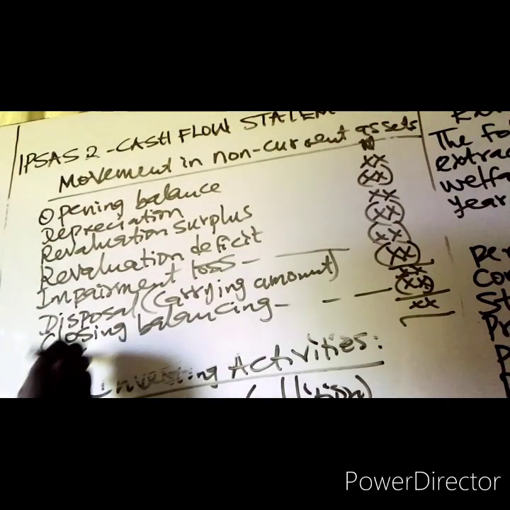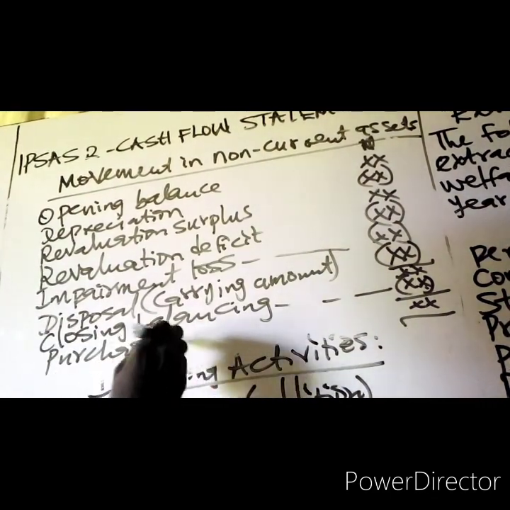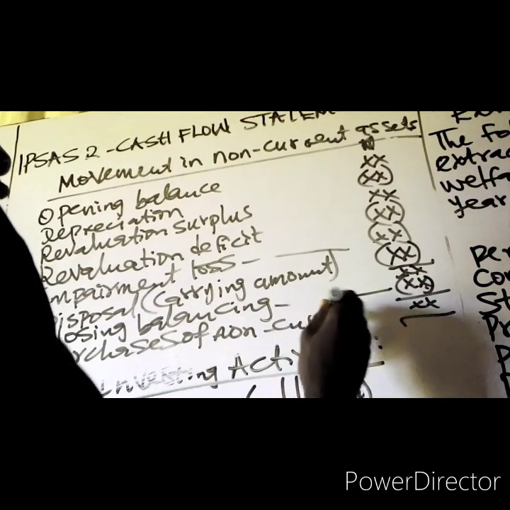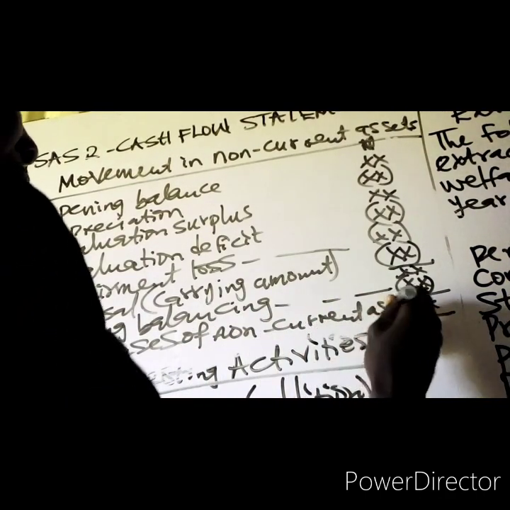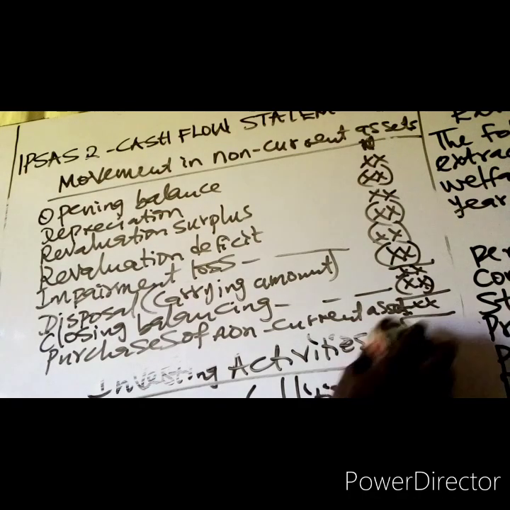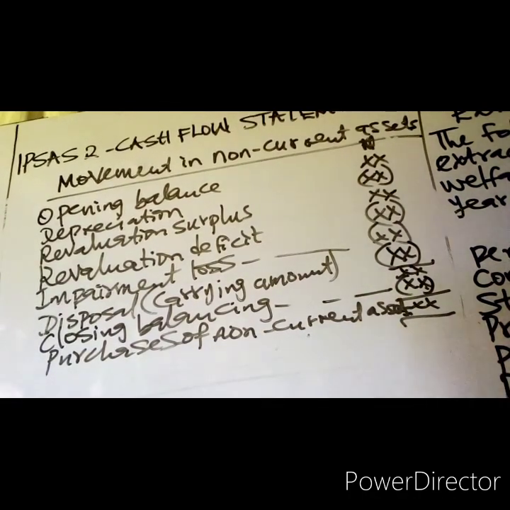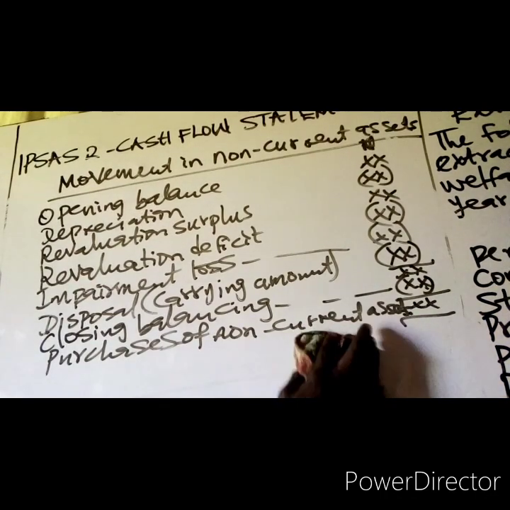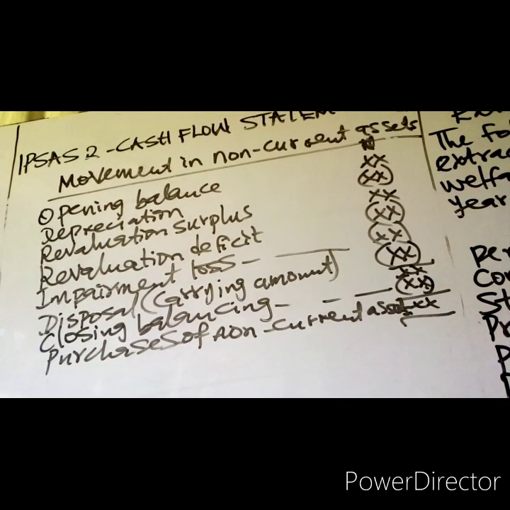Then you have purchases of non-current assets. That is acquisition of non-current assets. This amount will appear under investing activities. And where non-current assets are sold, the proceeds from sales of non-current assets too will fall under investing activities.